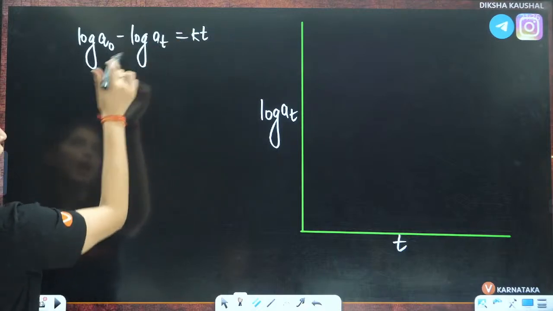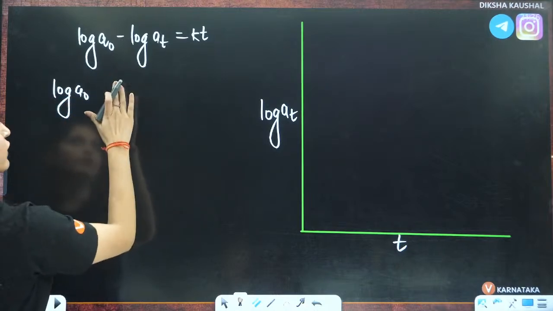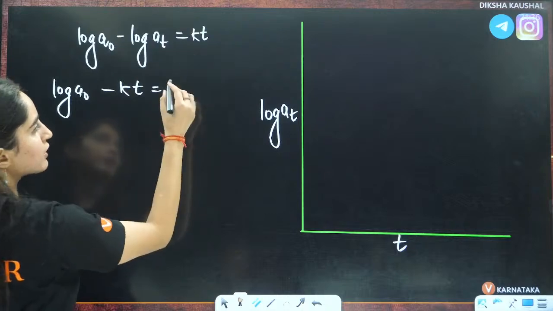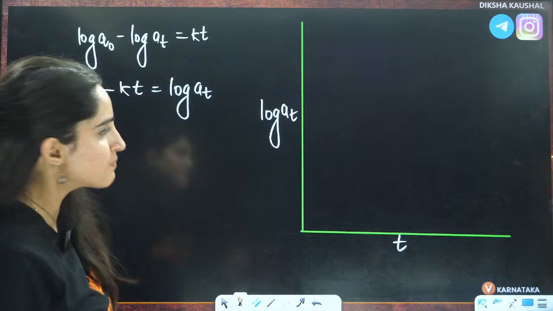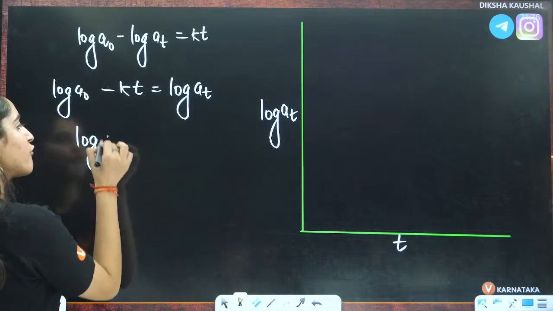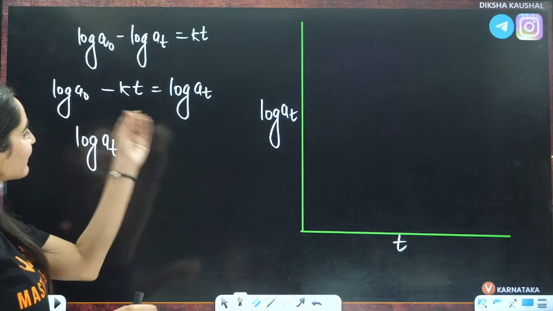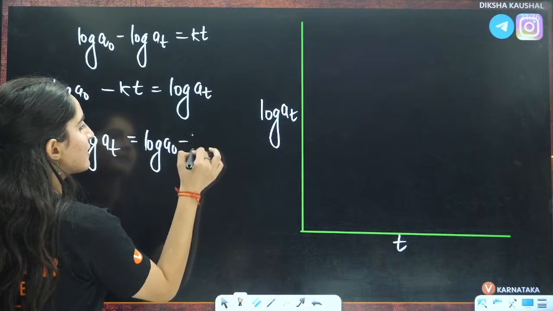Now I want to have it positive, so log of A0 minus kt is equal to, this log will come to this side, so it will become log of At, right? Easy. Now this is my y, log of At is equal to, write it as it is, so I'm writing log of A0 minus kt.